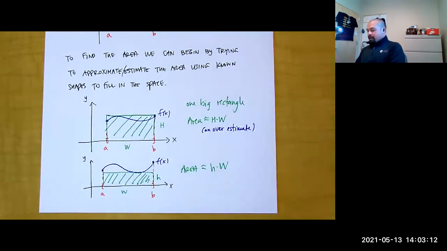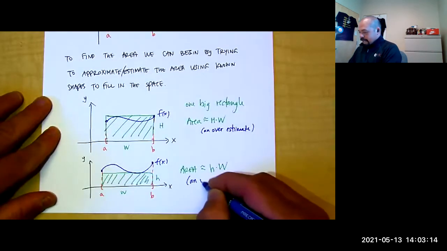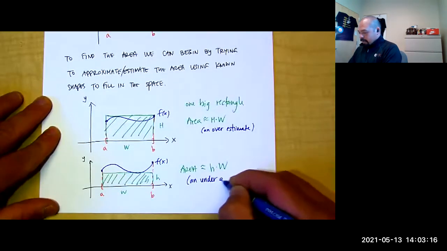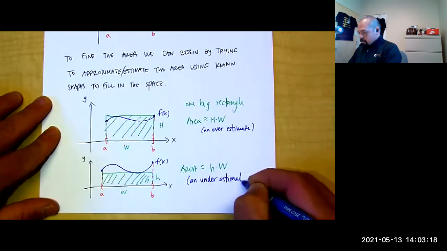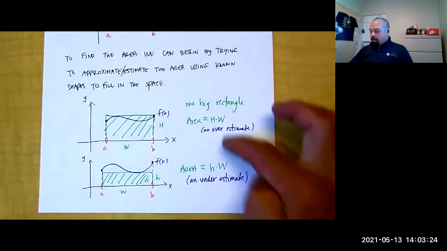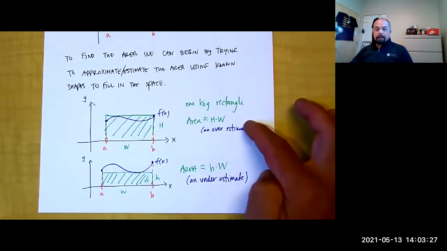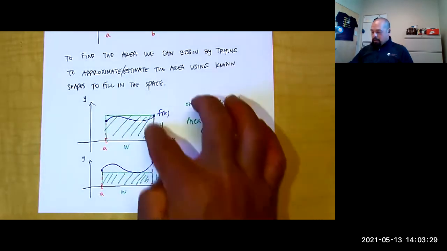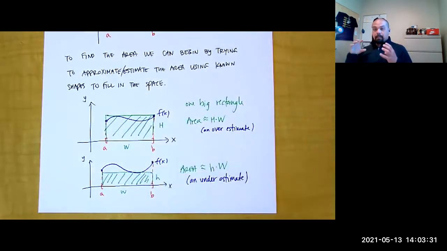But this is going to be an underestimate, a lower estimate, because it's not including all the total area. So in between those values, the actual, precise area would be in between.